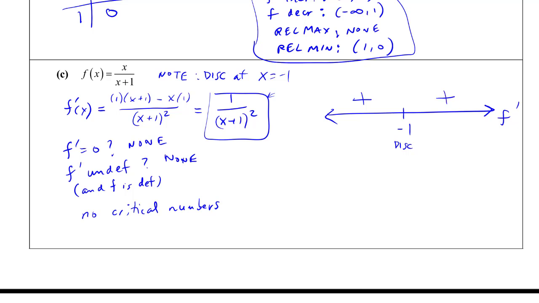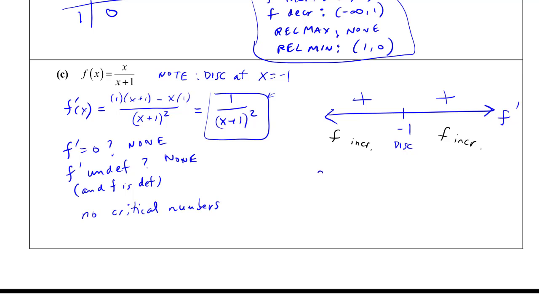All right, and the other thing is, there's no changes in increasing and decreasing, so there's no relative max or min. -1 could not be anything, no matter what happened there, because it's not actually a point on the graph, it's a discontinuity. So we just note that f is increasing there and f is increasing there.